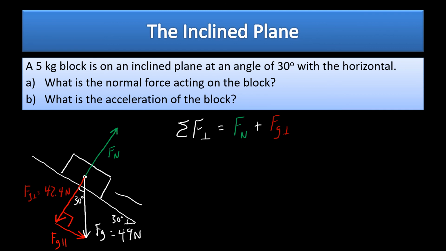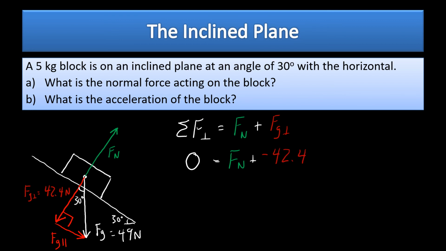It's accelerating down the hill, but not in the perpendicular direction. Therefore, since there's no acceleration, there is no net force in that direction. The normal force is what we're solving for, and the perpendicular component of the weight is 42.4 newtons in the opposite direction, so we'll make that negative 42.4 newtons.